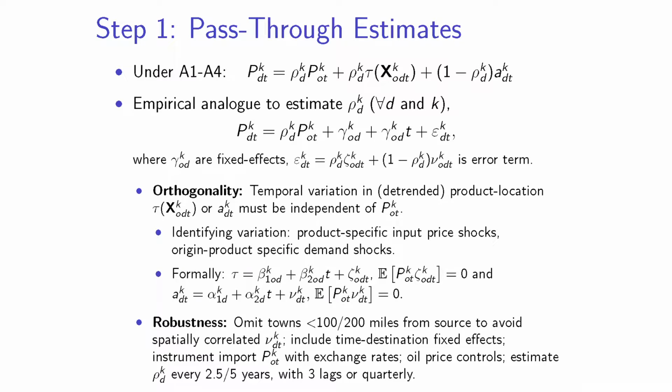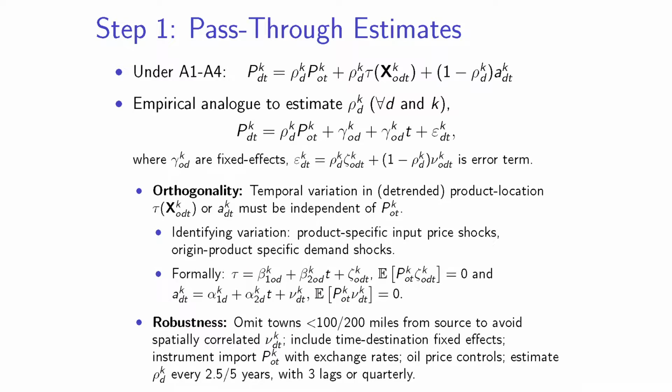So to me, the most convincing thing we're able to do to assess the plausibility of that assumption was to see how our results changed as we considered regions increasingly far away from the origin location. You might imagine that if demand shocks are spatially correlated, then your results would be more biased with a proximate sample than a distant sample, and yet the fact that the coefficients don't appear to change over proximate versus distant samples was to me reassuring.